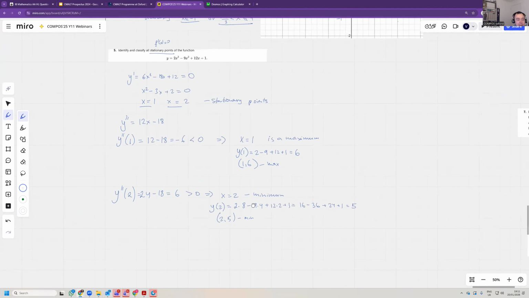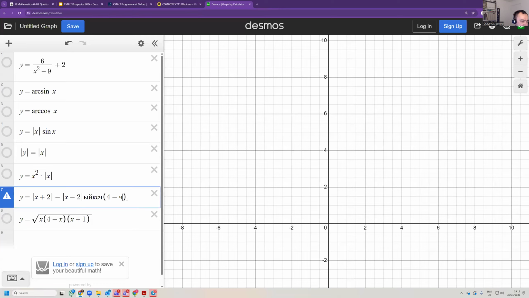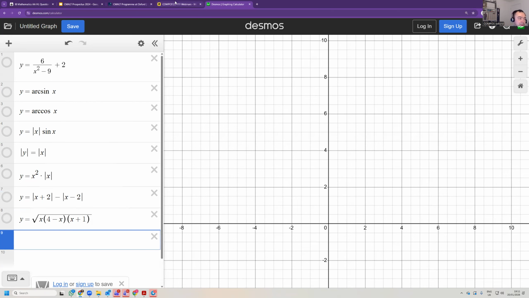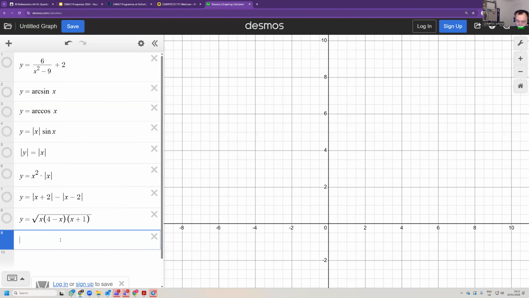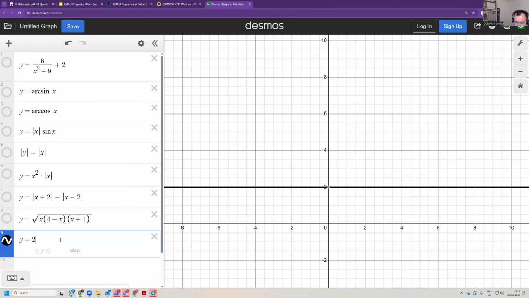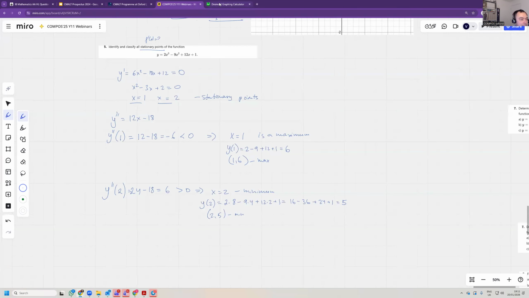And let's see, what else can we do about the graph? Well, they're not asking to do anything else, and we don't really have time to do much else, so I'm going to stop here. I'd like to find the zeros as well. y equals 2x cubed minus 9x squared plus 12x plus 1.